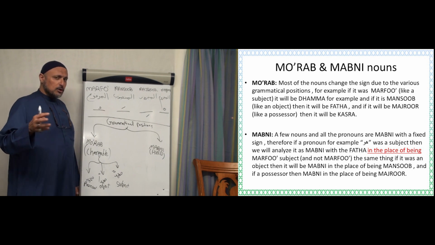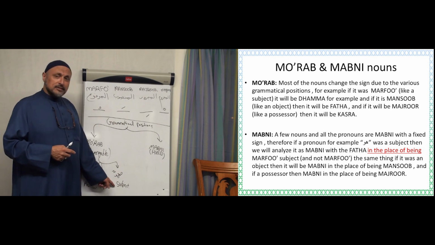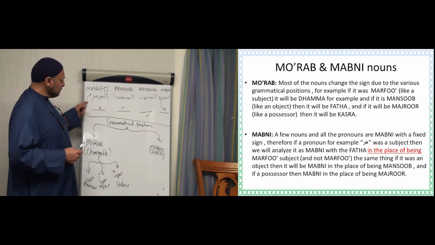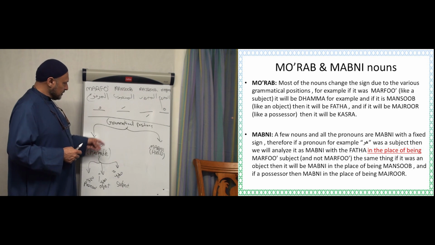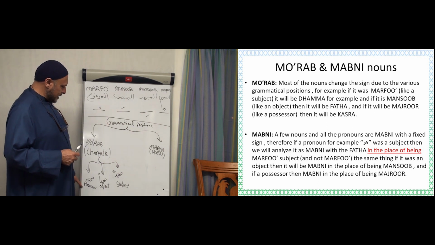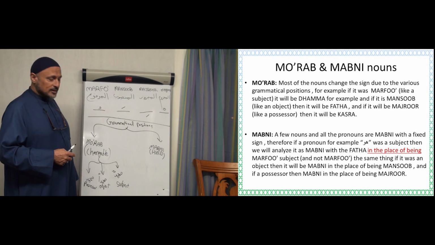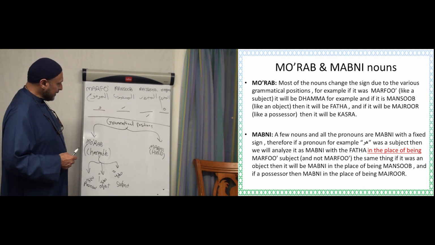I'm going to talk more about it. At this point, I want you to see that if Muhammad is a subject, it will take on, it will be marfu'. If it is an object, it will take an, it will be mansoob. And if it is preceded by a preposition or a possessor, then it will take in.